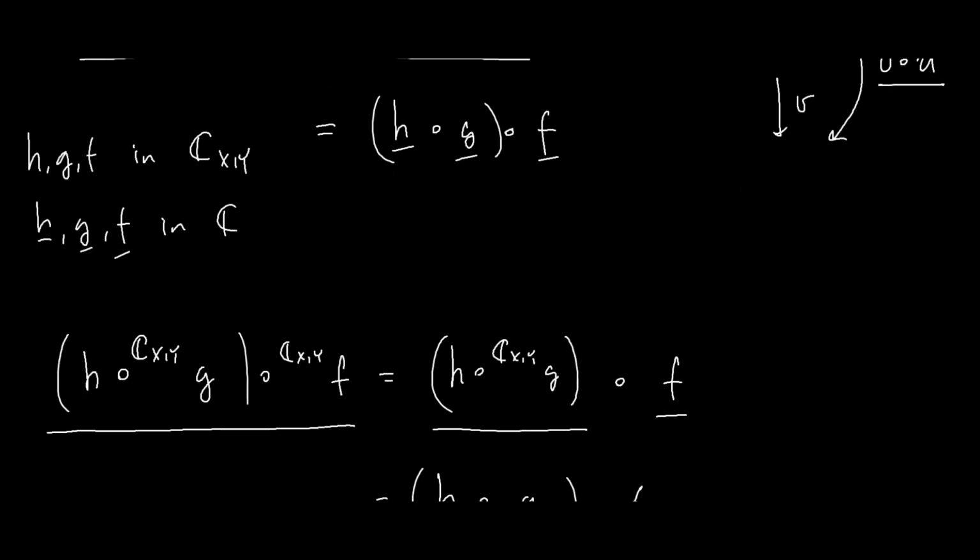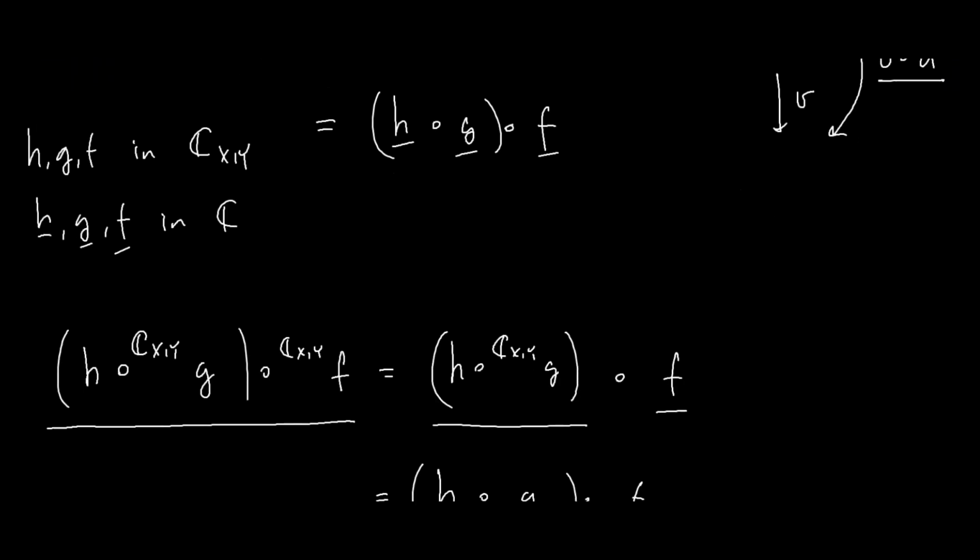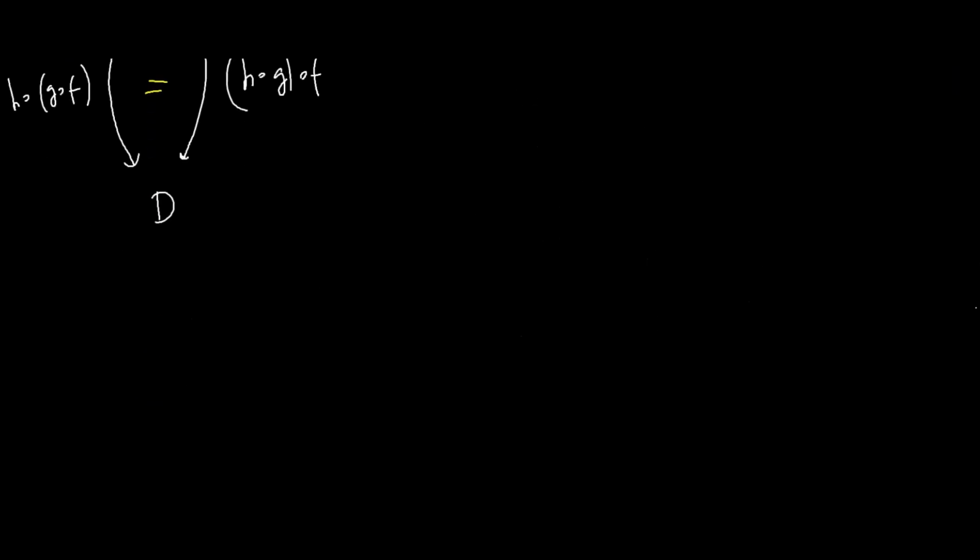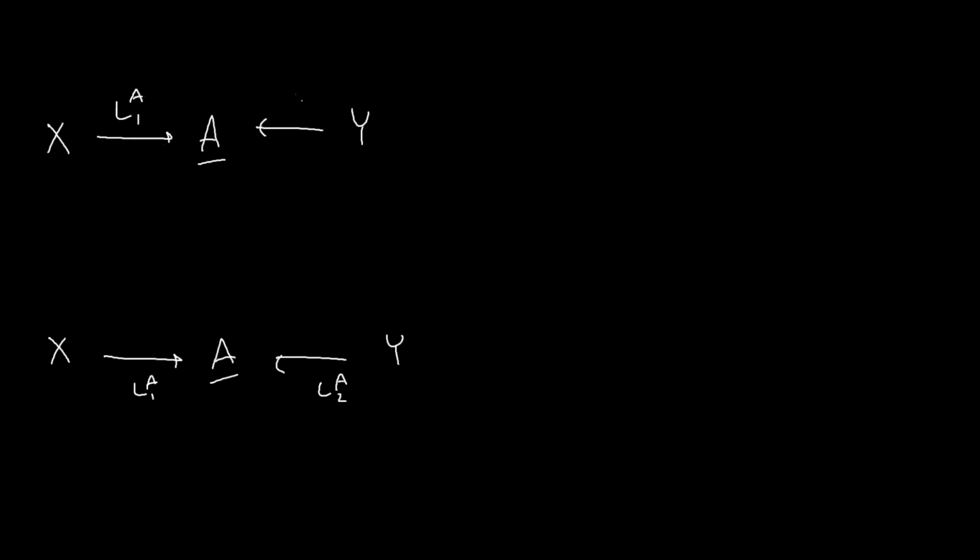All right, so we established the associativity law, but in the same way, we can also establish the identity law. So what will be identity morphisms in our new category? Let's say I've got something like this. If I take two copies of that, so two identical copies of the same thing, that corresponds to having object A and itself.